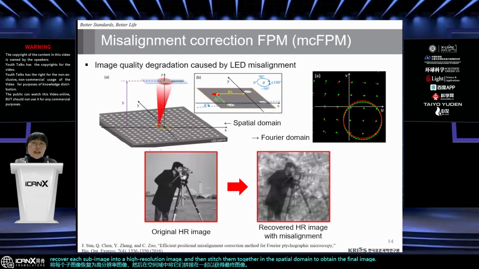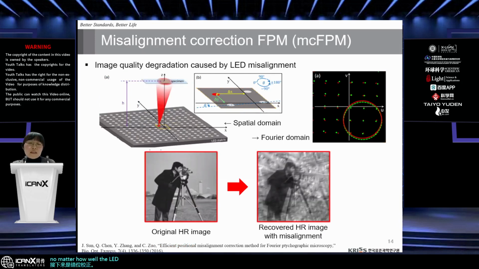Next is misalignment correction. No matter how well the LED array is aligned, there will always be some degree of difference between the theoretical positions and the actual positions of the LEDs.